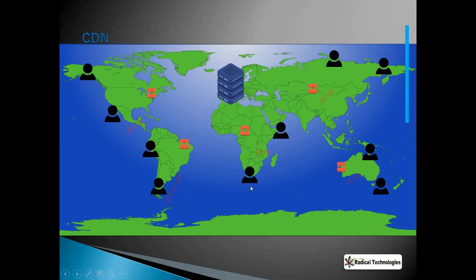Okay, and the user will request the content of this website from these local servers. Instead of going directly to the server over the internet, the user will route their request to the local servers. Okay, then the local server will access the data for you.